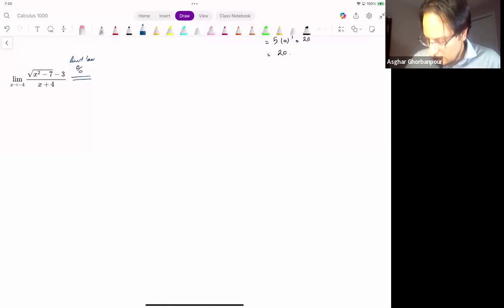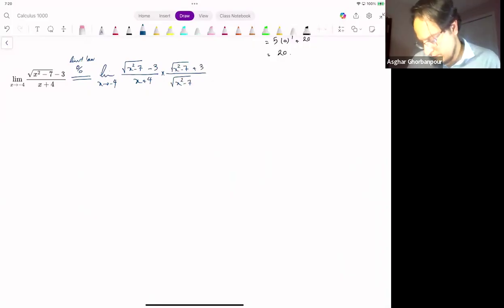I'll try to resolve this, but in this type of case, to be able to factor out the vanishing factor, we have to multiply both numerator and denominator by the conjugate of the numerator, or this irrational part.